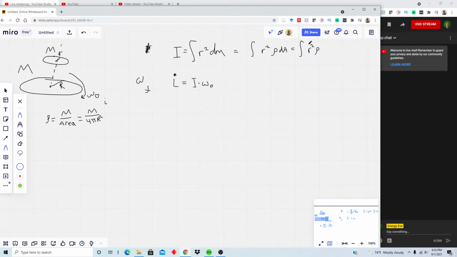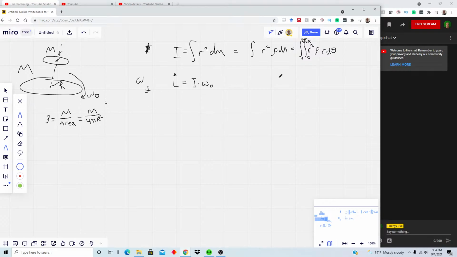So we could turn this area into a double integral, integrating from 0 to 2 pi, and then 0 to big R. Since we're turning it into polar coordinates, dA is going to be r dr d theta, or d phi, however you want to define it.